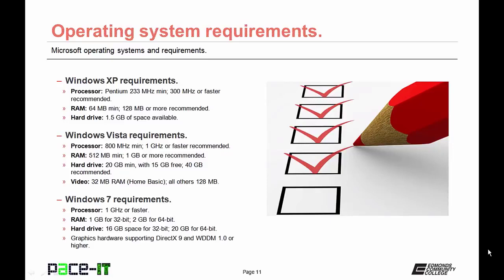Although Microsoft did recommend that the hard drive be at least 40 gigabytes. Microsoft added video requirements to Vista as well. Your video hardware had to have at least 32 megabytes of RAM to run Home Basic, and all other versions required 128 megabytes. As time marched on, and so did the operating systems, so did the requirements.